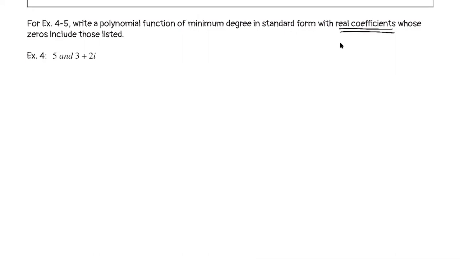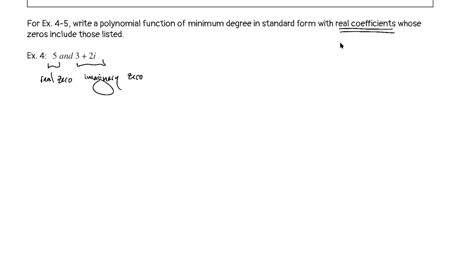So right here, I have 5 as a 0. That means the graph crosses at x equals 5. But then I also have 3 plus 2i as a 0. So this is my real 0, and this is my imaginary 0.